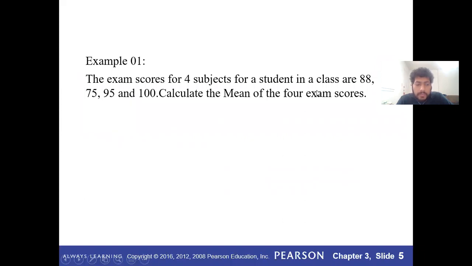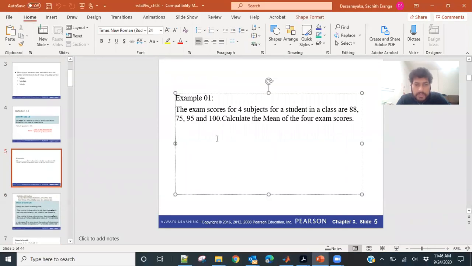Let me show you this example. How do you find the mean? Mean equals the summation of all the observations, which means you have to add these values: 88 plus 75 plus 95 plus 100. Then divide by the number of observations.